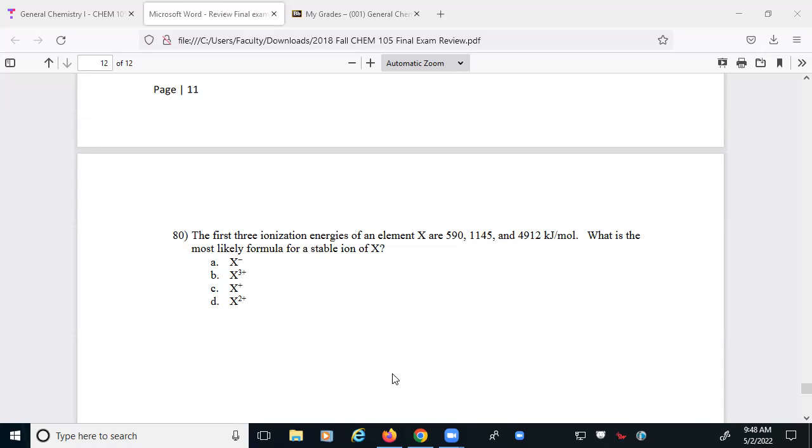What kind? Well, we're adding energy. So if we're adding energy, what's happening to the electrons inside of the atom?